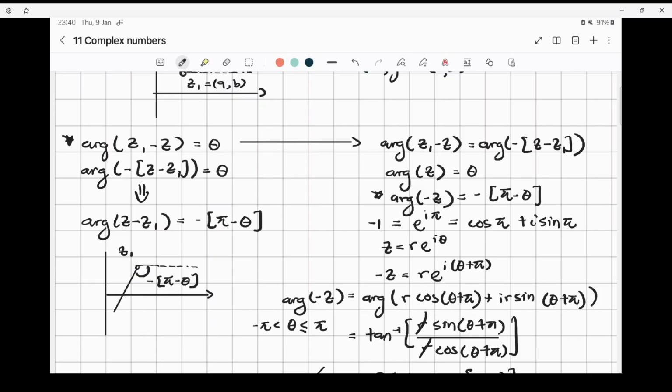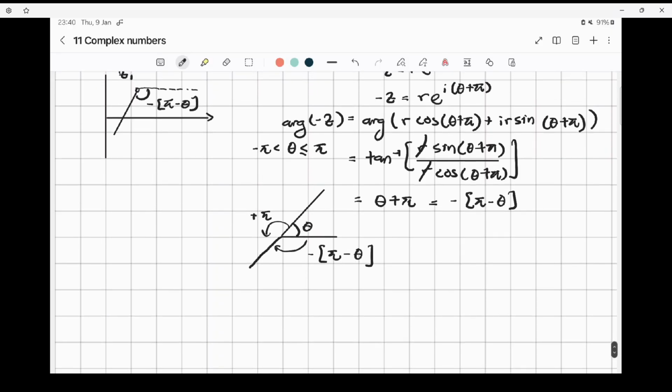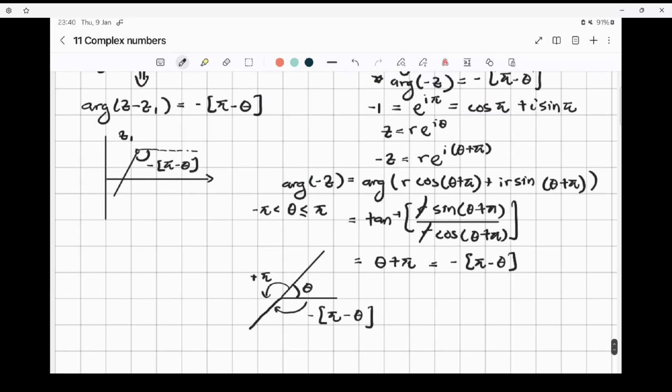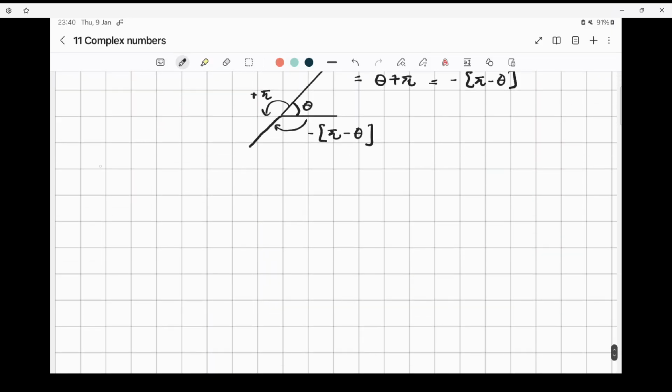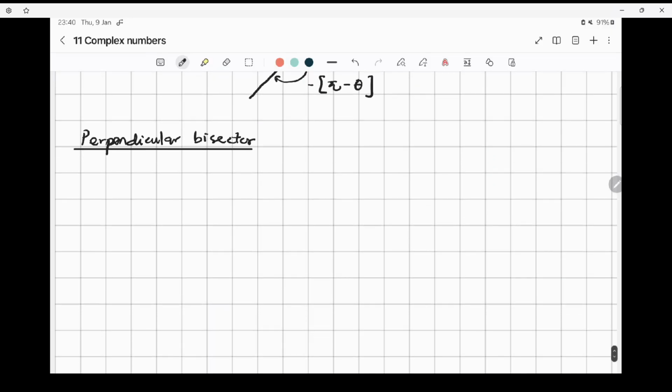So now finally, the third type of locus is what we call the perpendicular bisector. And this is of the form modulus of z minus z1 equals modulus of z minus z2.